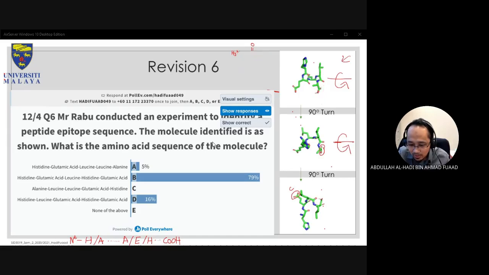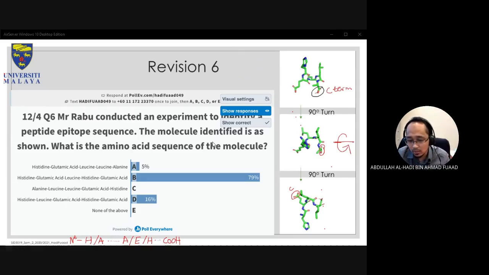However, it is not. Because that one is not the amine group, you know that this one is your C terminal. So that's the first one.